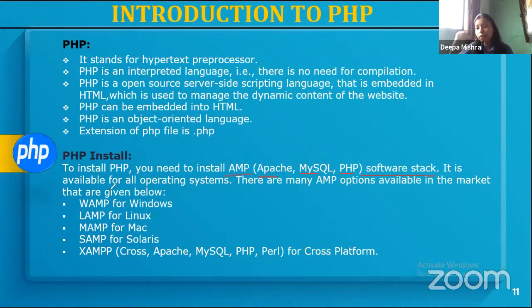Whether you have a Windows operating system or Linux or any operating system, XAMPP is compatible with all of them. But if you are using Windows, you cannot install LAMP or MAMP or SAMP, because these are for different operating systems. So it is better to install WAMP. But the best option is to install XAMPP, because whichever operating system you are using, it is going to be compatible with all of them.